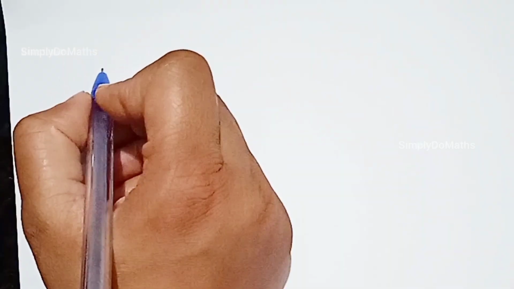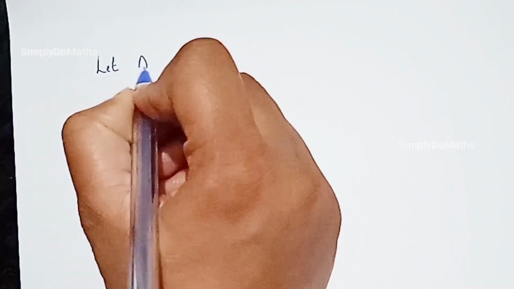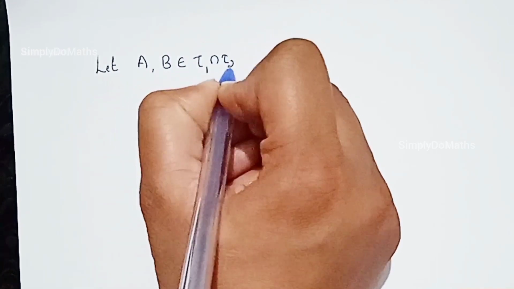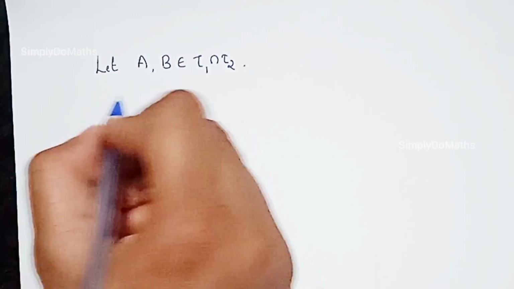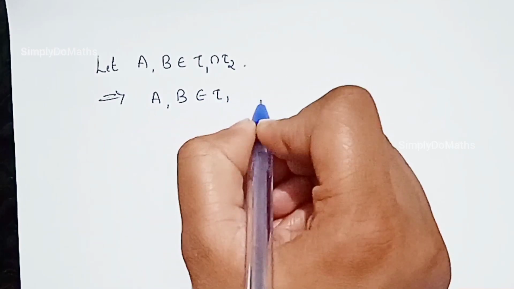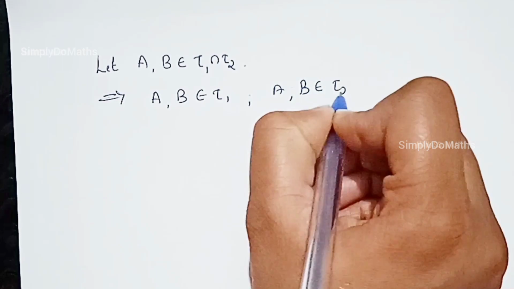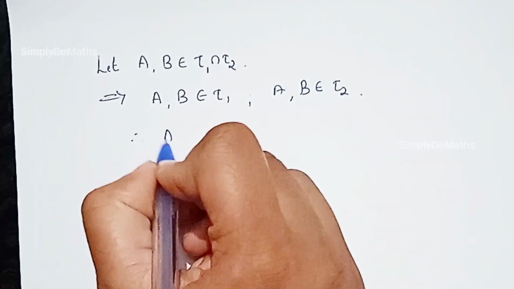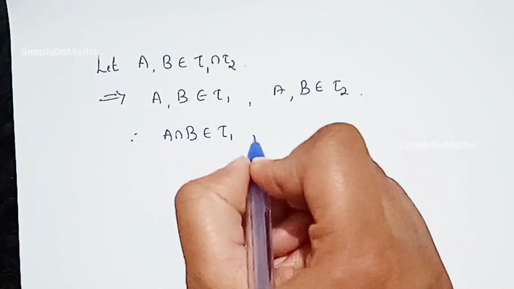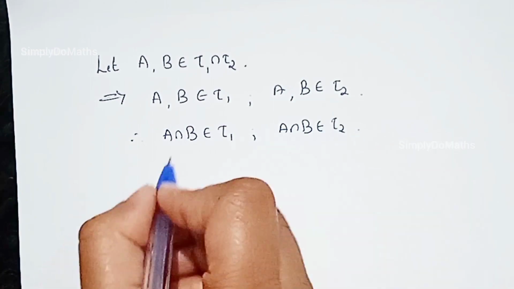Let us consider two arbitrary elements of tau1 intersection tau2. So let A and B be any two elements of tau1 intersection tau2, which implies A and B belong to tau1 as well as tau2. Therefore, A intersection B belongs to tau1, since tau1 and tau2 are both independently topologies on X. So A intersection B belongs to tau2 itself.